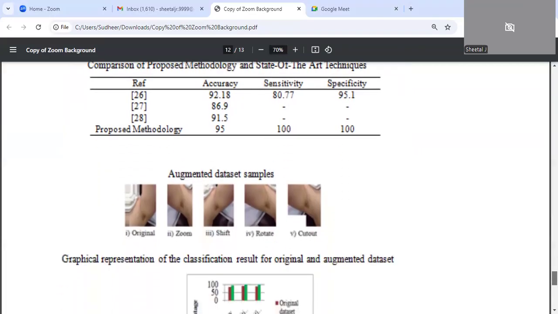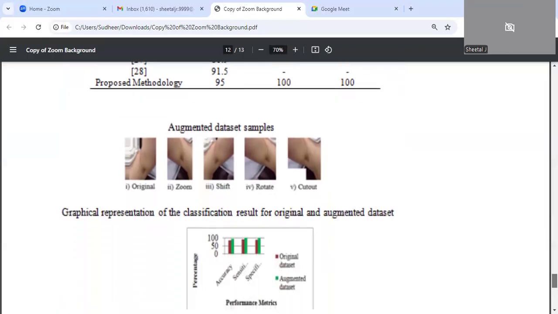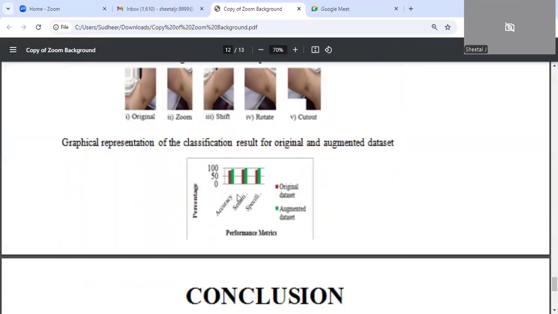These are some of the augmented data samples obtained after flipping, rotating, etc. And this is a graphical representation of how the accuracy is obtained.